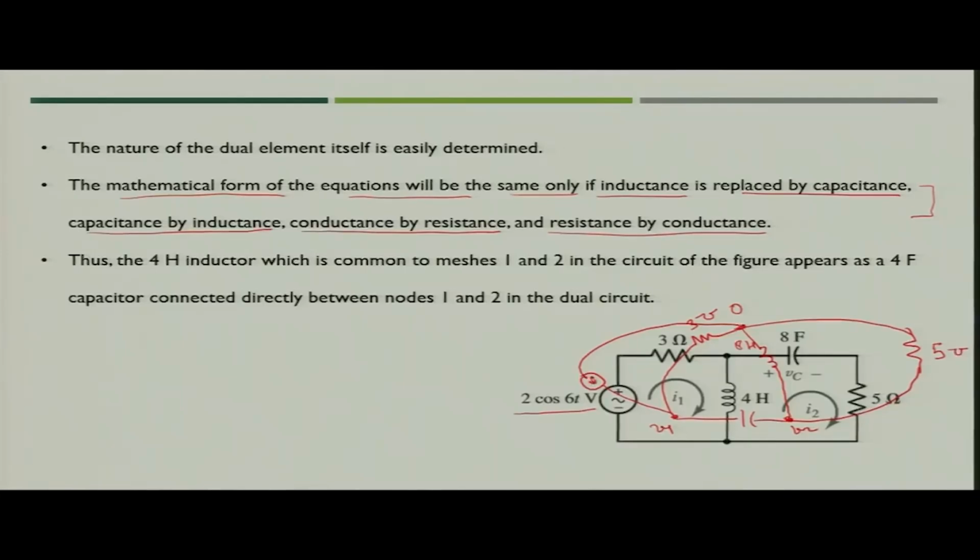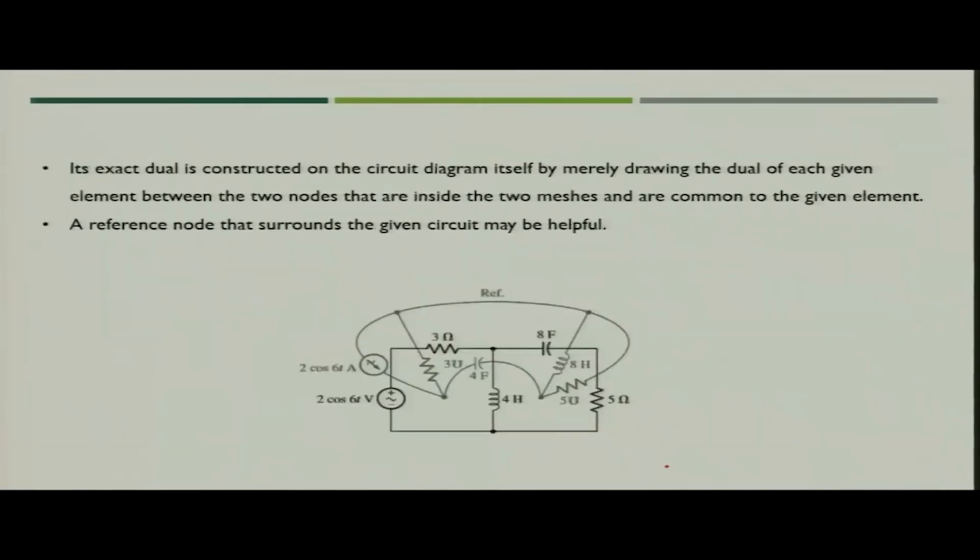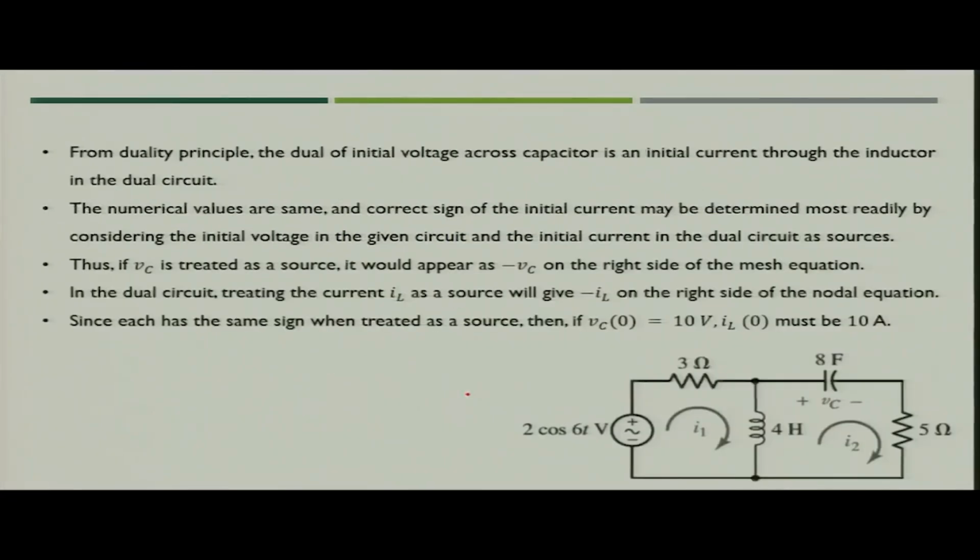So, the direction of current would be like this. In this way you can simply represent the values of the equivalent dual network. What we have discussed, you can simply see from here, these are the values which we have seen, and now these are connected to the reference node.